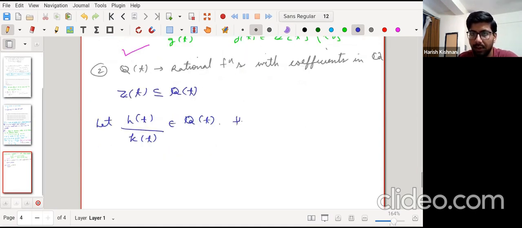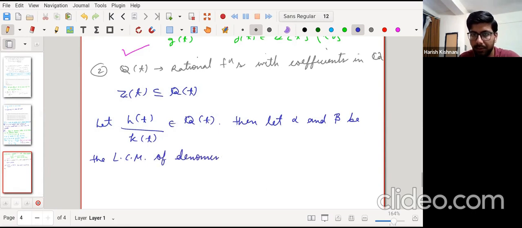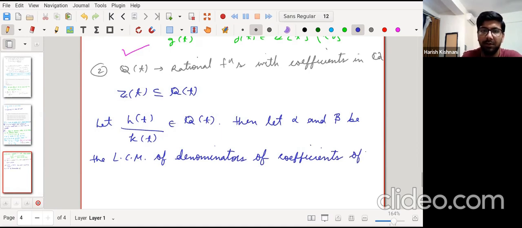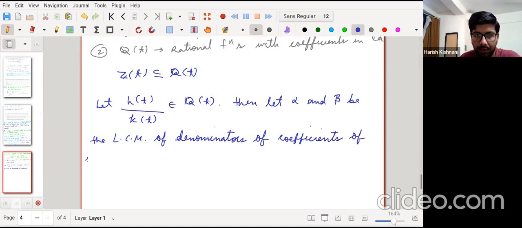Then let alpha and beta be the LCM of denominators of coefficients of h(t) and k(t) respectively.